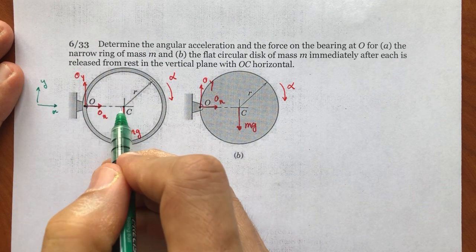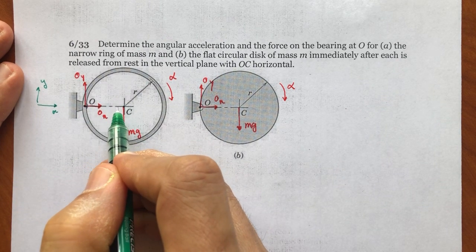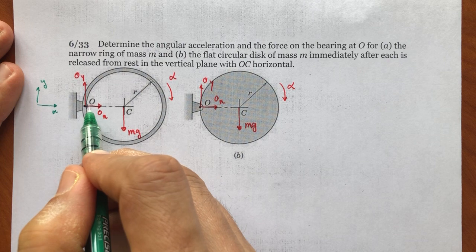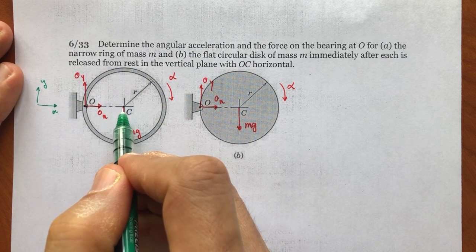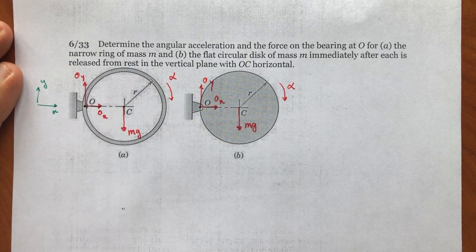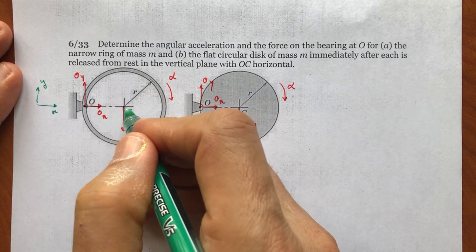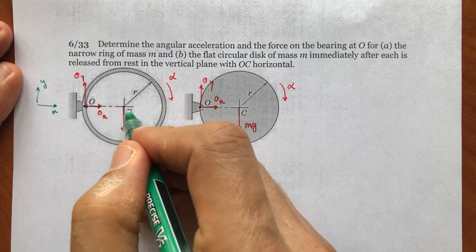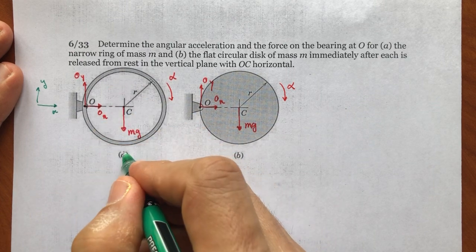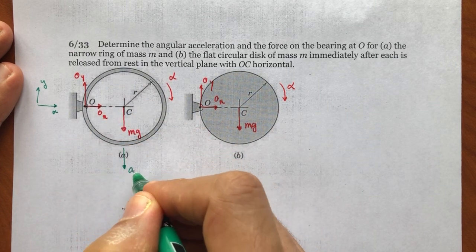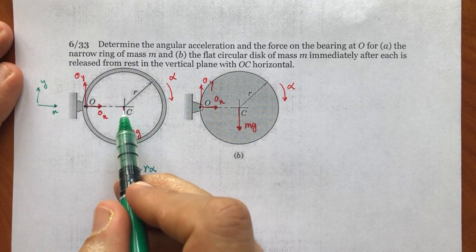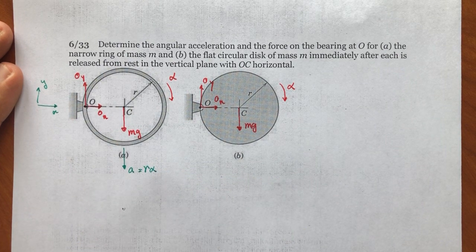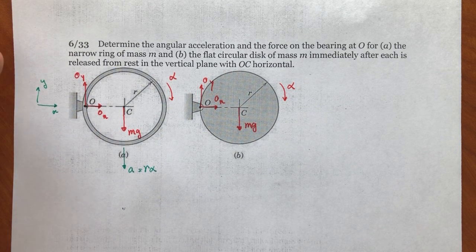The normal acceleration, an, is equal to velocity squared divided by r, but the velocity of C at the moment is equal to 0. So there is no acceleration in the normal direction. The only acceleration they're going to have is r times alpha, which is the tangential part of the acceleration. Again, there is no normal acceleration at the moment because there is no velocity.